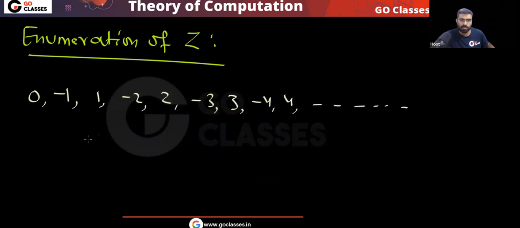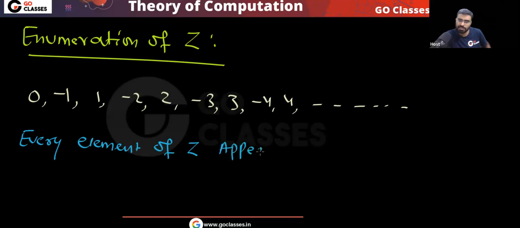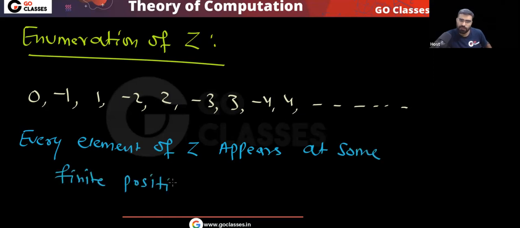This is enumeration because every element appears. You can easily notice every element of Z appears at some finite position in this sequence.